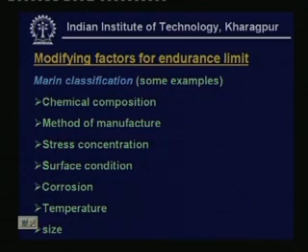It means different situations, how you have done it, and also the heat treatments. All these are very important for modifying the endurance limit. However, we have just discussed some of the very commonly used modifying factors for the endurance limit.